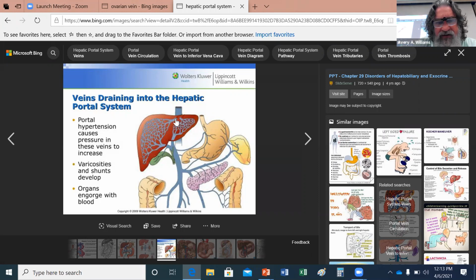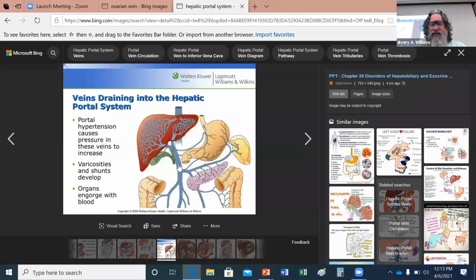You see that right there? This is blood draining the capillaries. What these are doing is dumping into the inferior vena cava. So right here and here, where it's attaching to the inferior vena cava, those are the hepatic veins. These are the hepatic veins. This is the hepatic portal vein. There's two different things. Y'all don't confuse that. There's a difference between the hepatic portal vein and the hepatic veins.